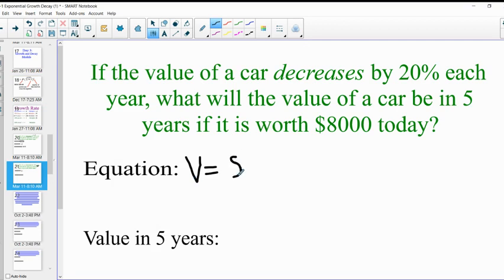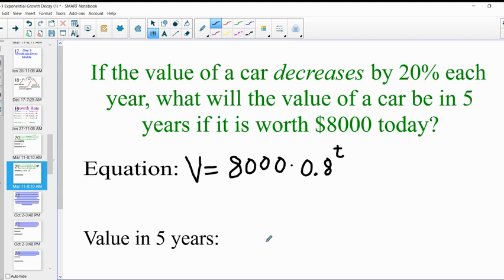It is going to be my starting amount, 8,000, times my multiplier, 0.8, from that 20% decay, raised to the power of T, where in this case it's going down by 20% each year. T is the number of years.